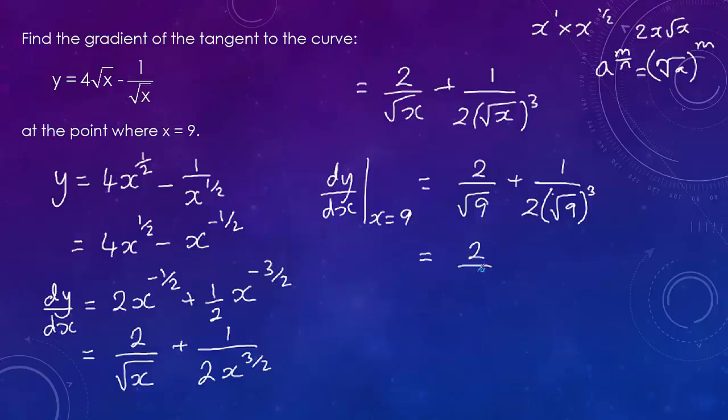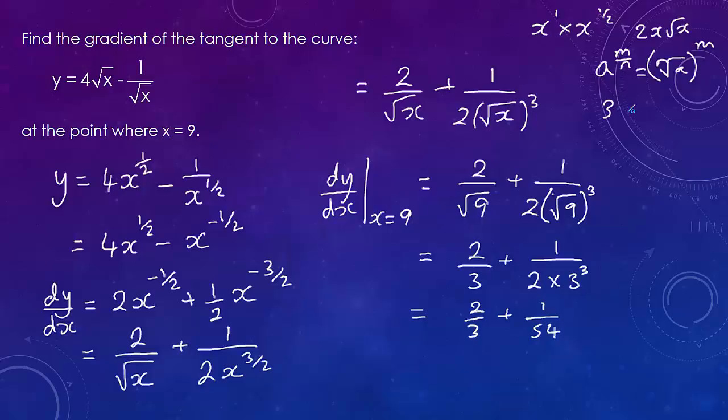So that's 2/3 plus 1 over 2 multiplied by 3 cubed, which is 2/3 add 1 over 54.